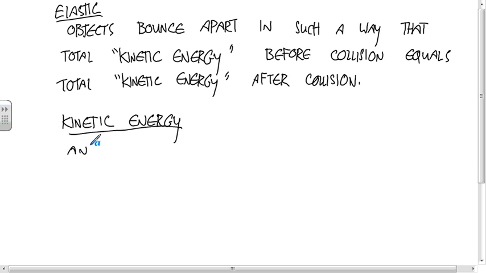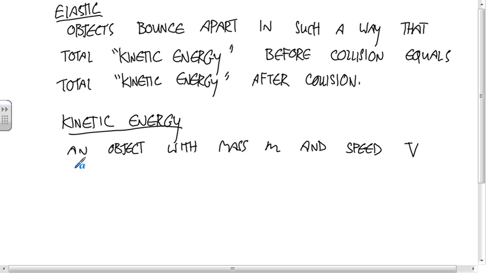An object with mass m and speed capital V has kinetic energy of 1/2 times the mass times the speed squared.